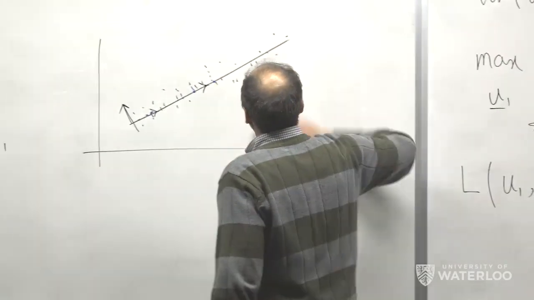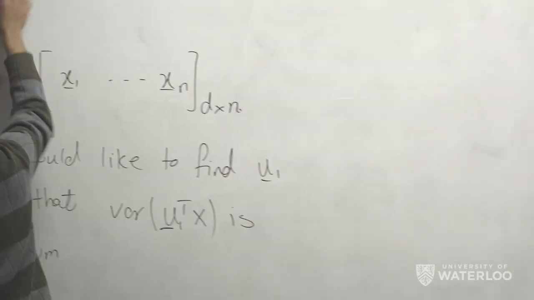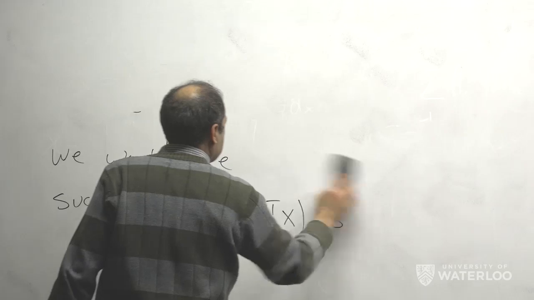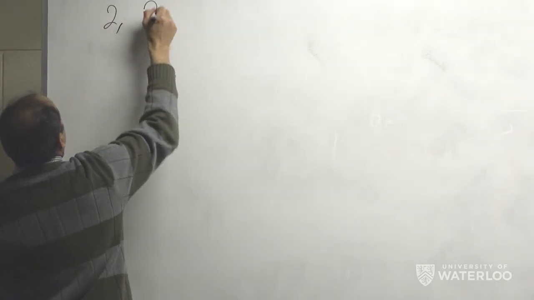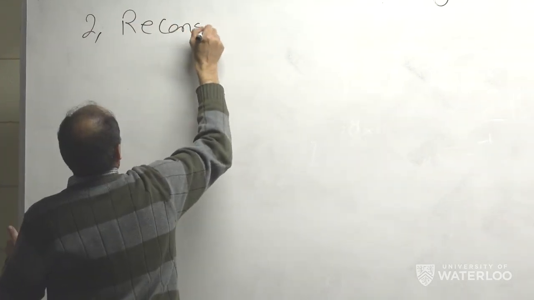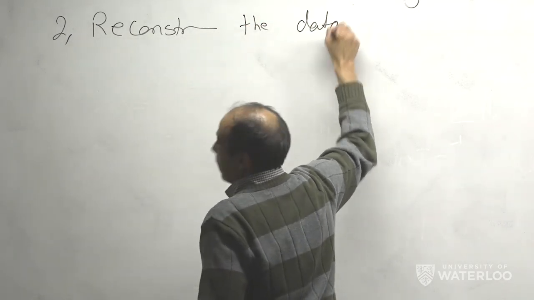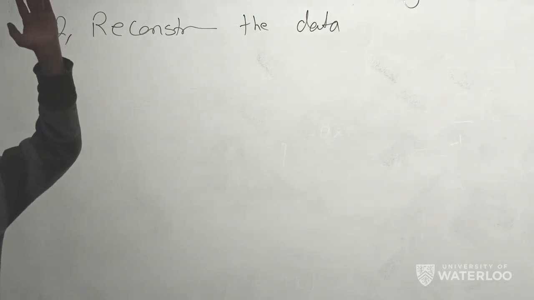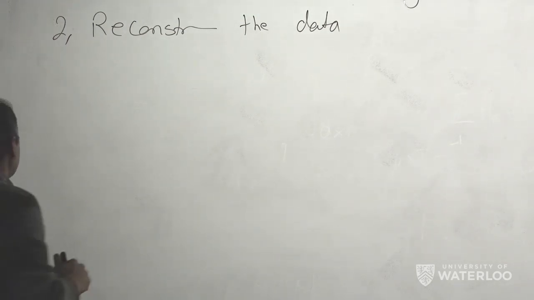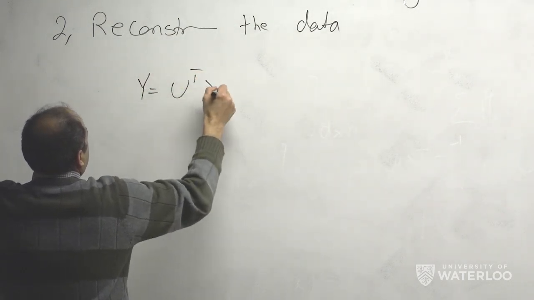Sometimes it's useful to reconstruct the data. Means you project the data into lower dimensional space, and you want to project it back to the original space. So y was U transpose x.